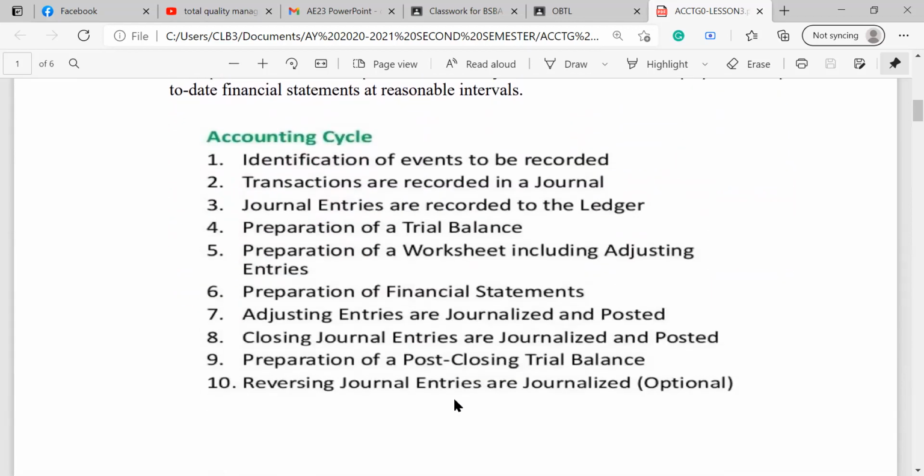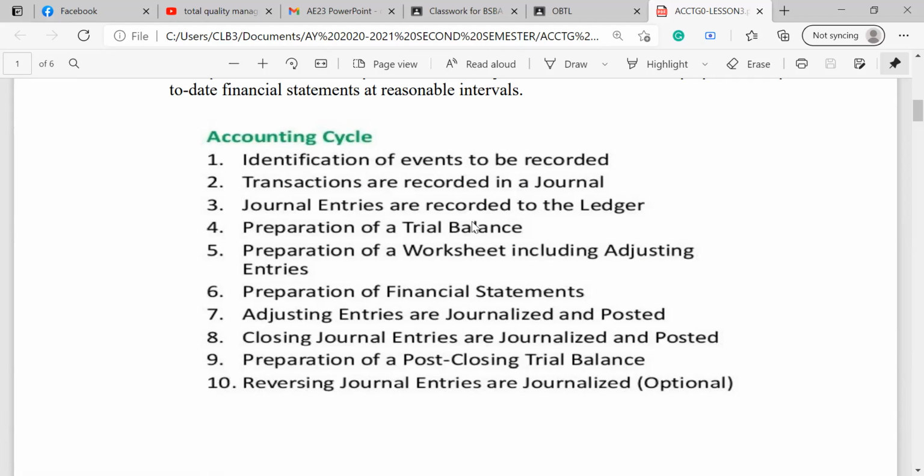Okay? So, for the accounting cycle, I have here 10 steps included in the accounting cycle. To enumerate lang, pero hindi natin ma-cover lahat agad ngayon: first, identification of events to be recorded; second, transactions are recorded in a journal; third, journal entries are posted to the ledger.